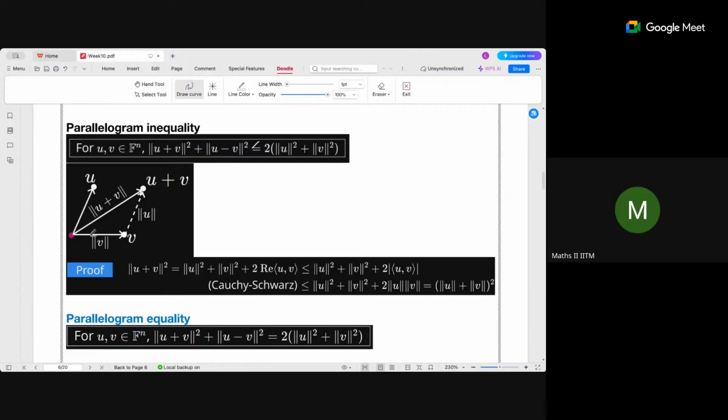Okay, so if you have any two vectors u and v, norm of u plus v whole squared and norm of u minus v. Minus v means it's on the other side, right? So your minus v is on the other side. So this is your u and this is your v, so this will be your u minus v.